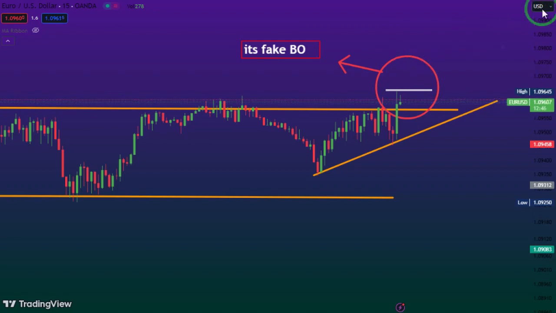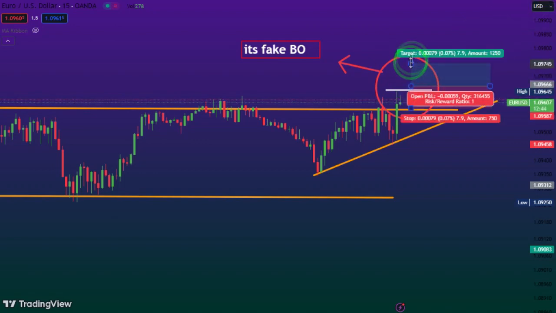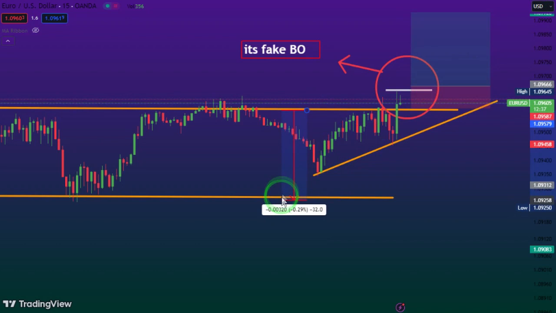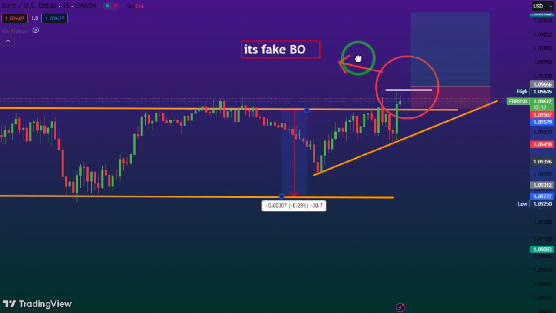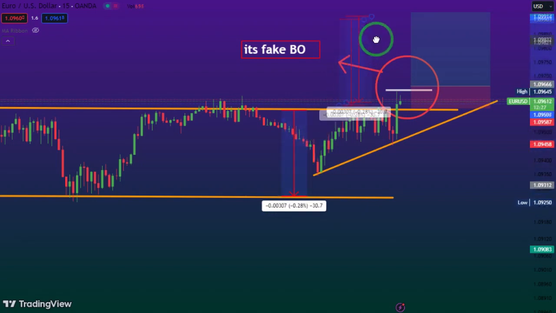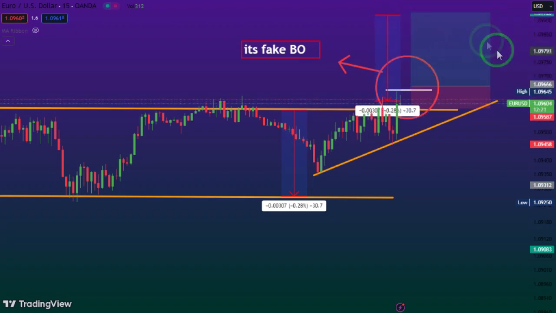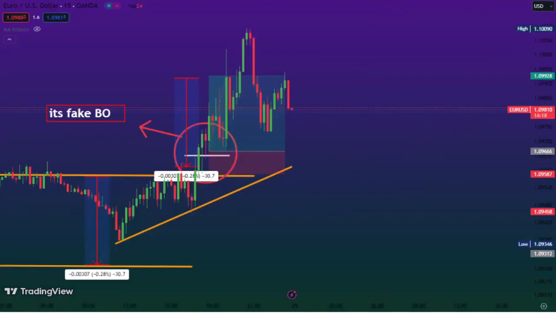We can set a buy limit order for breaking above this line and set take profit for the mid-move of the trading range. At the end of this day, we see our expectation was right.